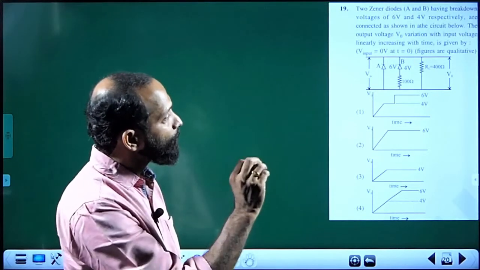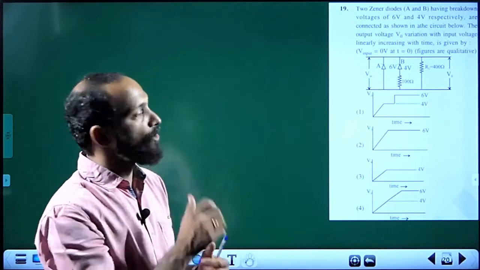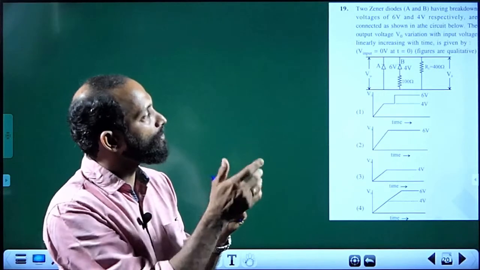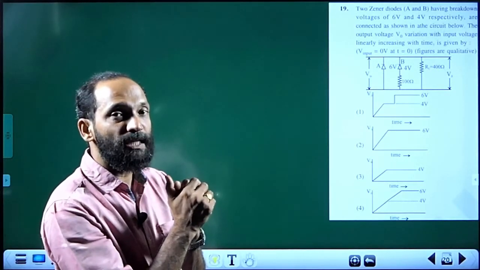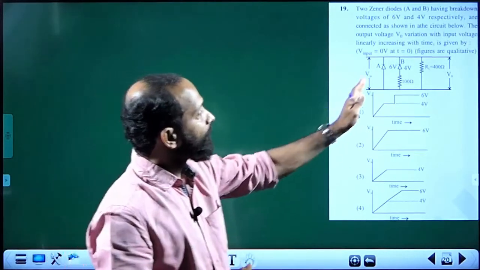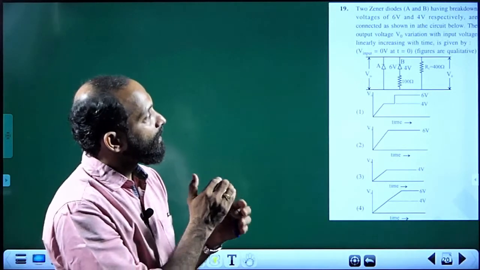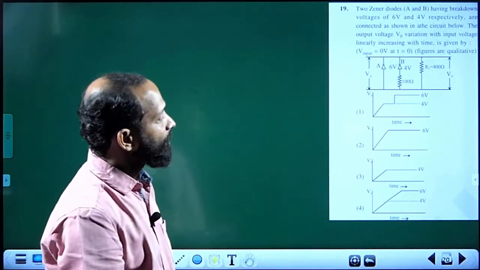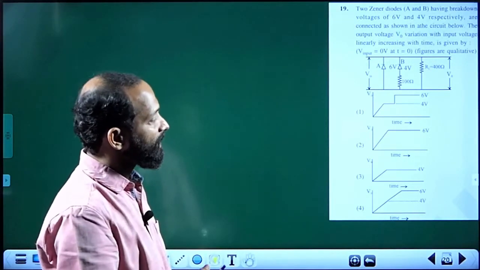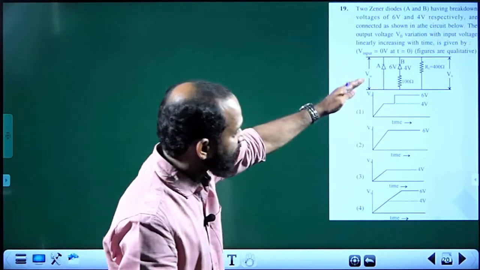On increasing the input voltage, when the input voltage is less than 4 volt, none of these diodes will undergo Zener breakdown. That is why it will not carry any current. So, the supply voltage will be completely available across the output, and that increases linearly. As the input increases linearly, at the same rate the output also increases linearly. That is shown in all graphs.